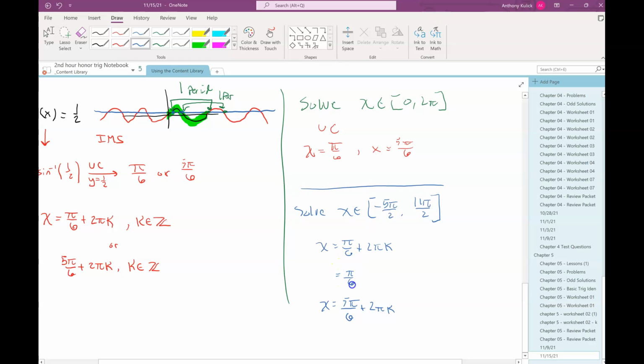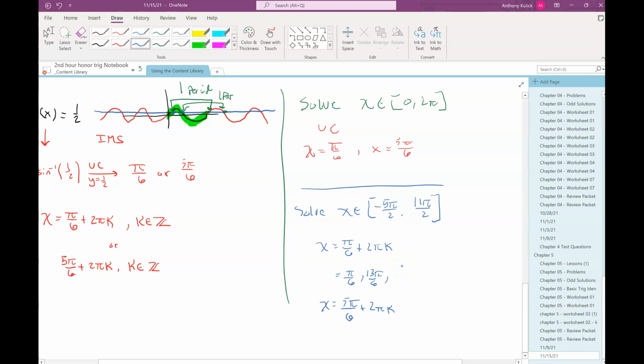So clearly pi over 6 is in there, right? Everybody agree with that? If I add 2 pi to that, I get 13 pi over 6. That's like 2 and 1/6, right? That's smaller than 11 pi over 2, or 5.5 pi. So that one will work.